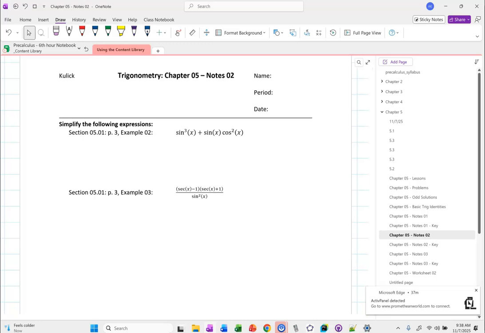So the directions here say simplify the following expression. When we say simplify, what we're looking for is to end up with a less complicated expression than what we started with. Ideally, what's the simplest thing we could have left? One thing, right?